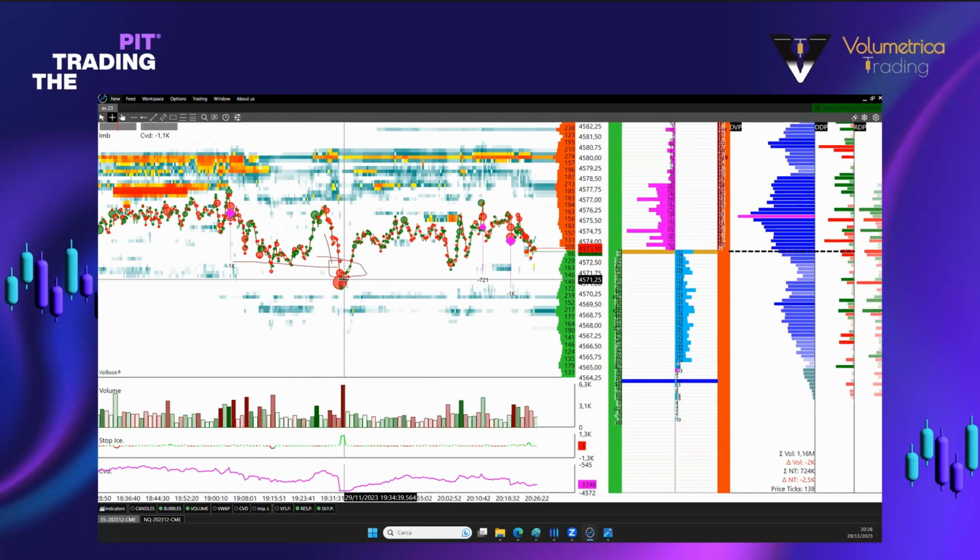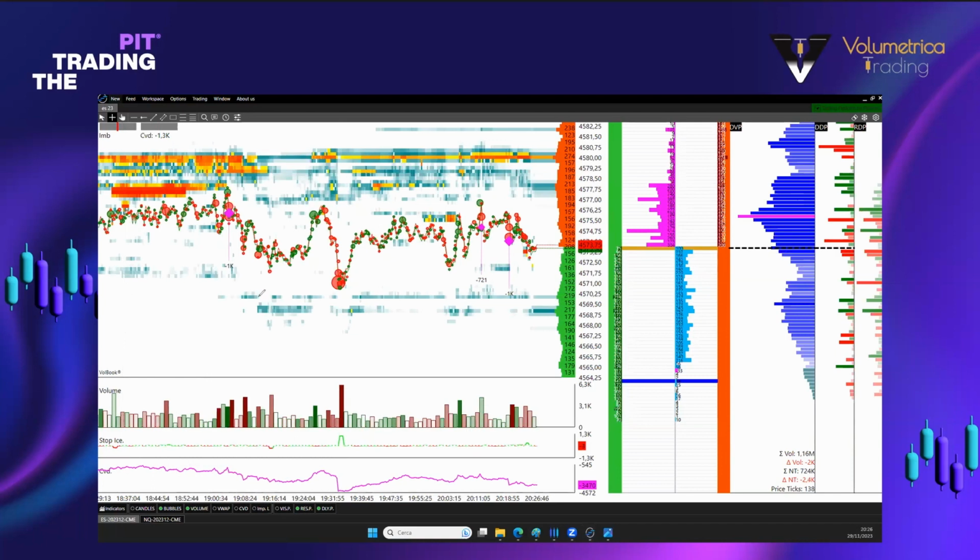Sometimes, yeah, we could also have the evidence of an iceberg, and also with a confluence of a liquidity area like this. But in this case, in order to detect that this process was caused by an iceberg, you need the indicator, which I'm gonna introduce in a little while.